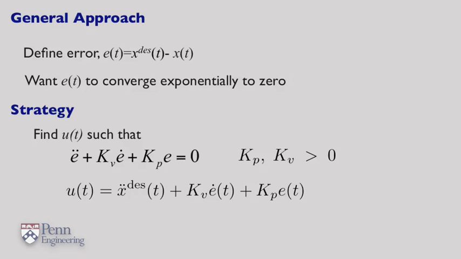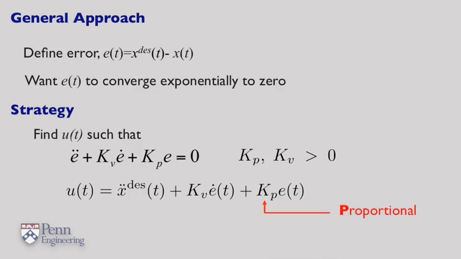There are two variables in this equation. One is k sub p, and the other is k sub v. You'll see that k sub p multiplies the error and adds the error times kp to the control function. K sub v multiplies the derivative of the error and adds that to the control function.